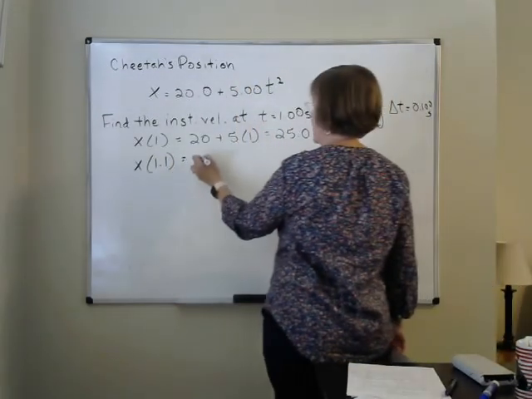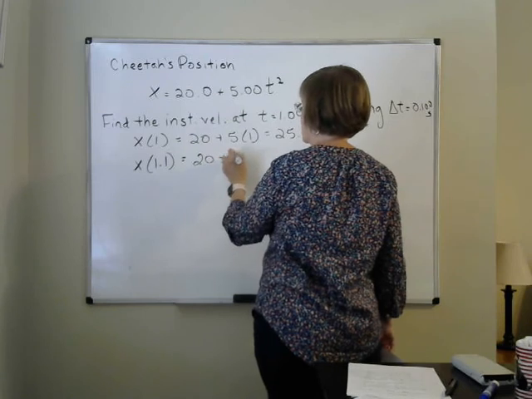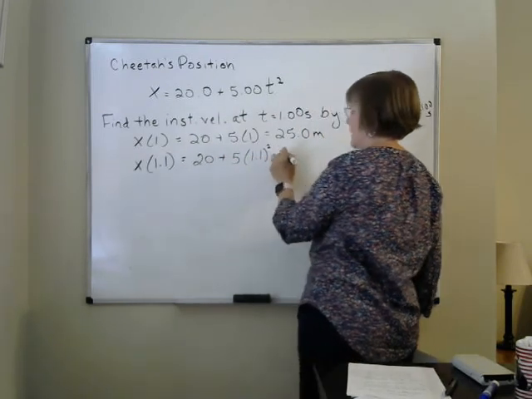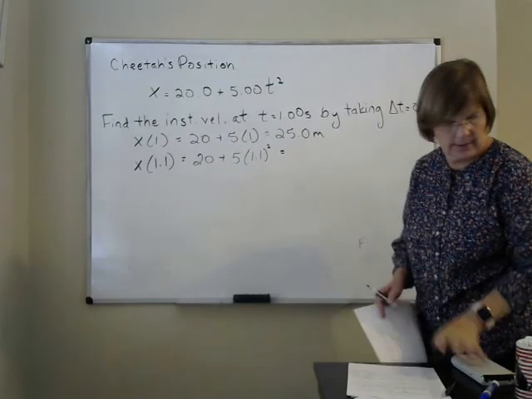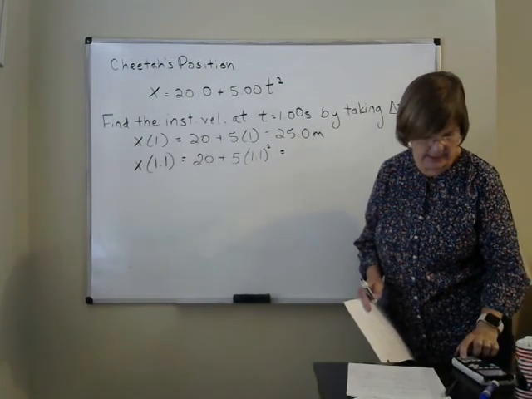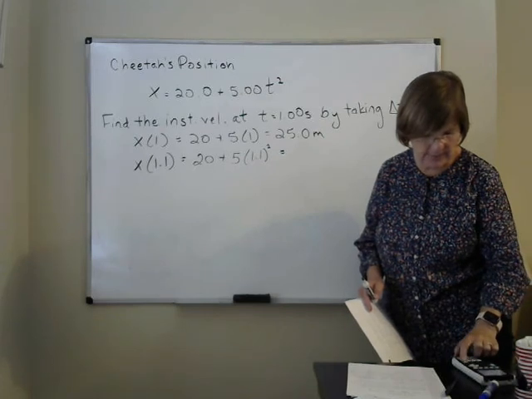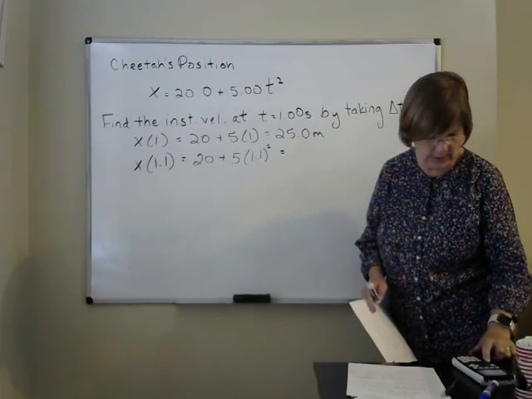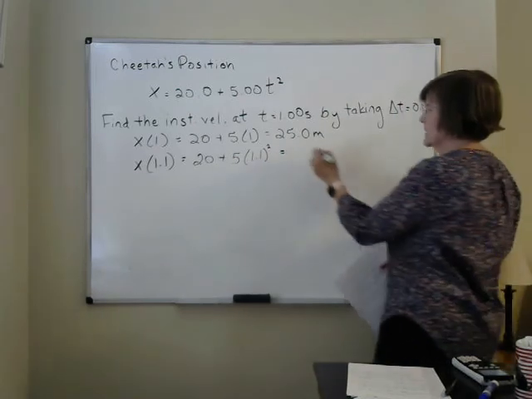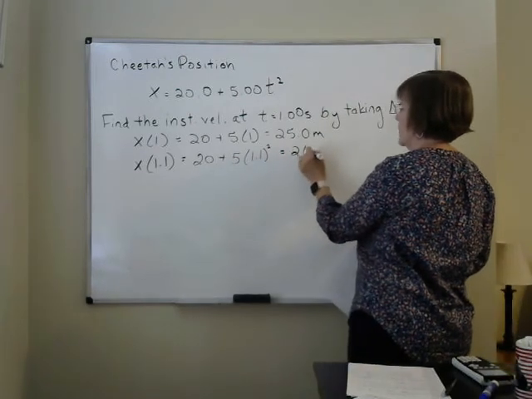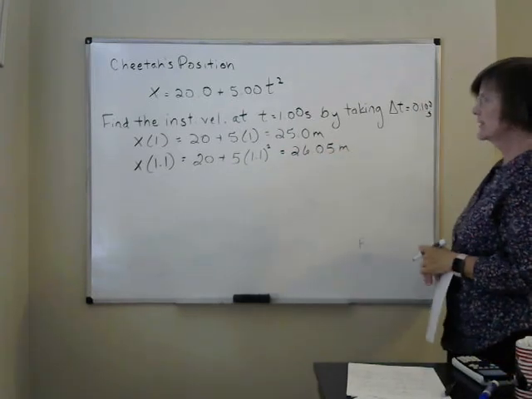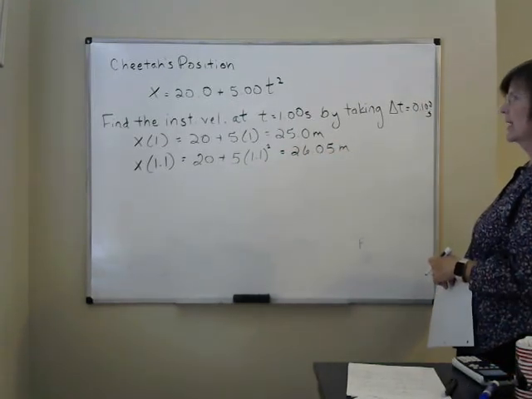But what would be my position at 1.1 if I only go 1/10 of a second longer? I'm going to have 20 plus 5 times 1.1 squared, which is 26.05 meters. Now I know that's a few too many significant digits, but I don't want to round here, I want to round at the end.